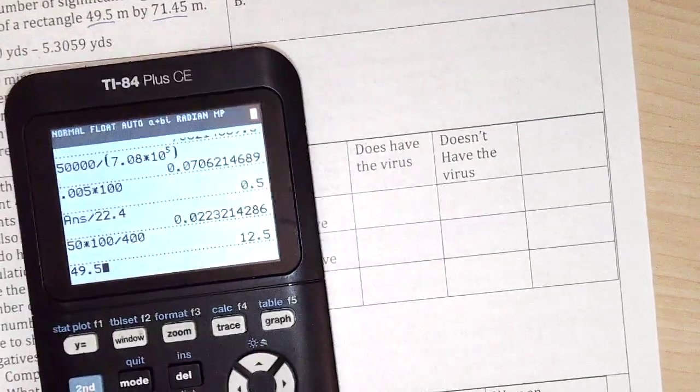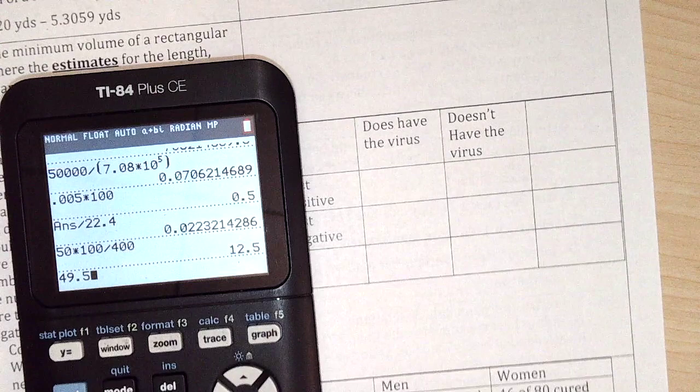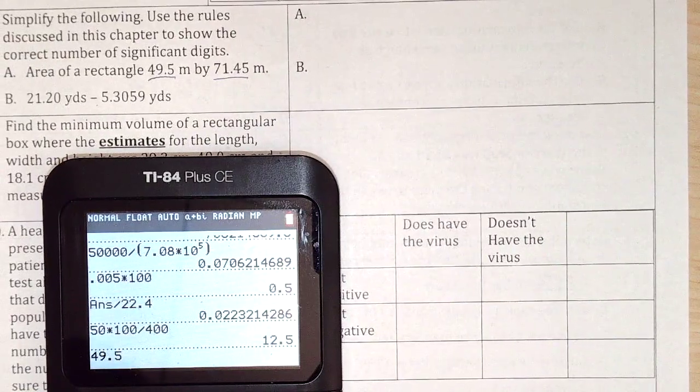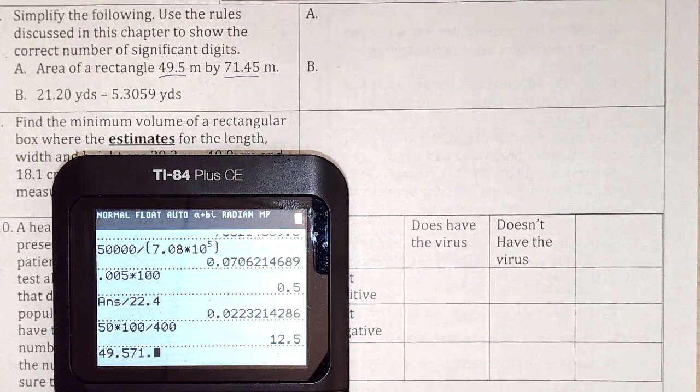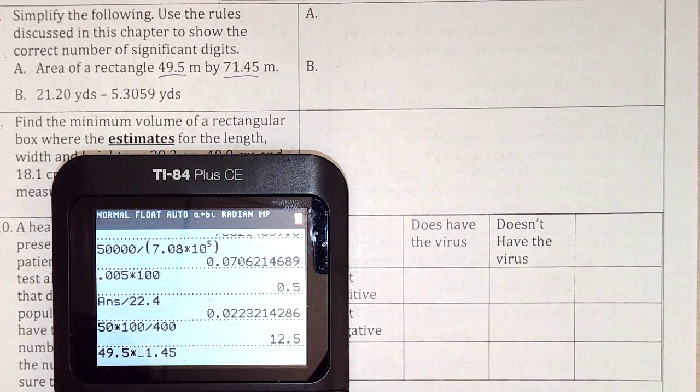49.5 times 71.45. Nope, didn't put in the times. 49.5 times that.